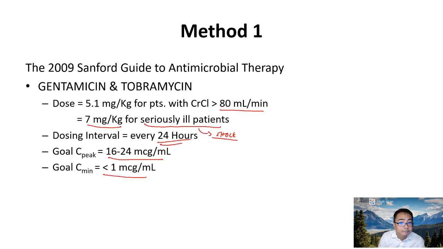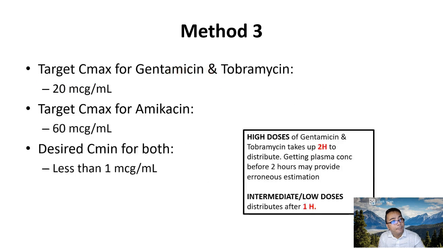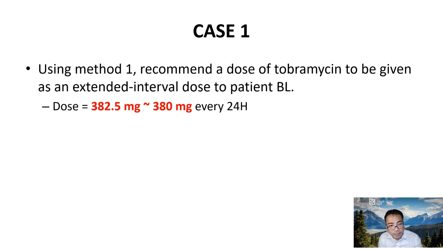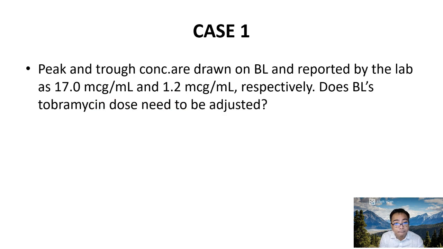If we compute, it is most likely this. So 5.1 milligram times 75 kilograms, and you get 382.5 milligrams, or approximately 380 milligrams Q24.